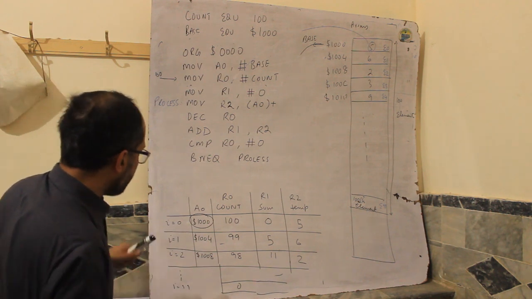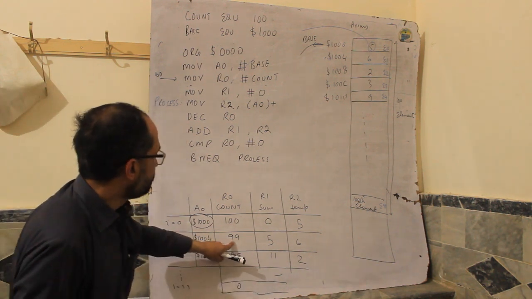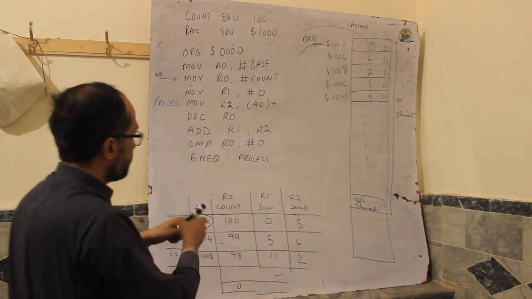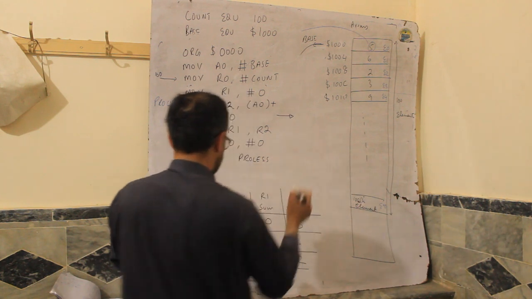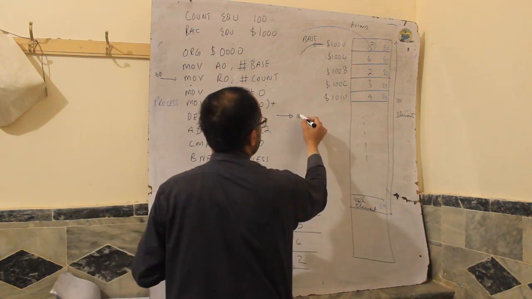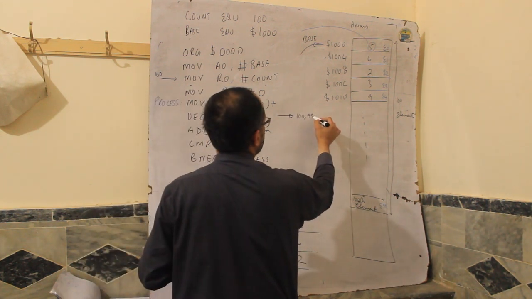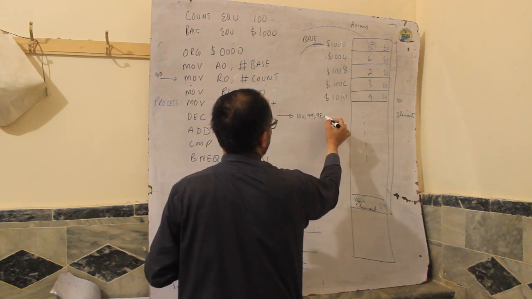So in the first iteration, the value of R0, that is the count, will be 100. In the second iteration, it will be 99. In the third iteration, it will be 98, and so forth.